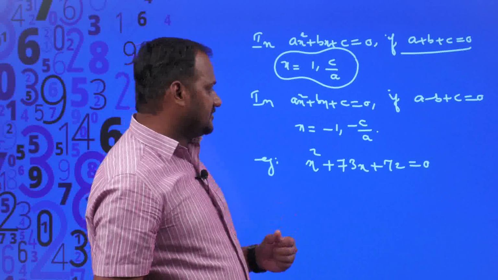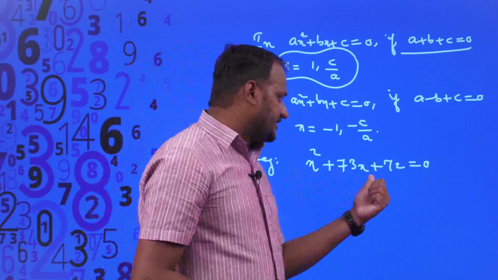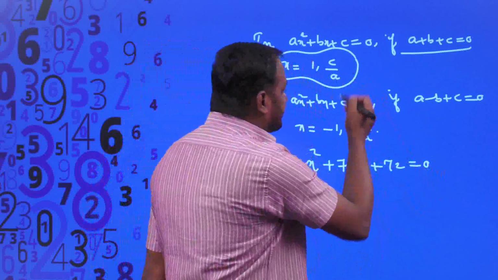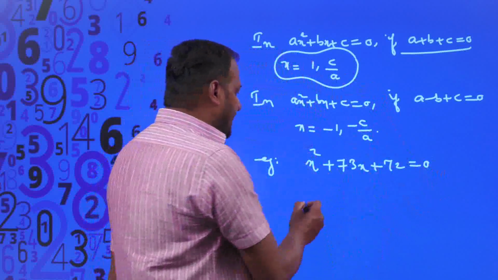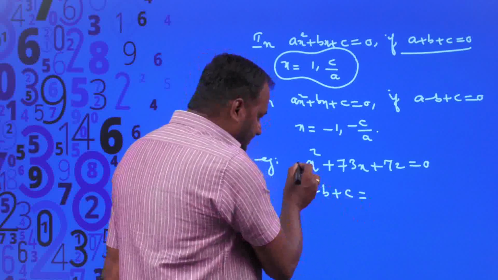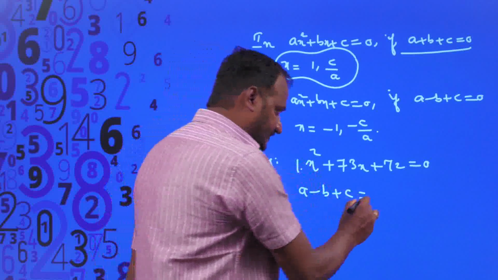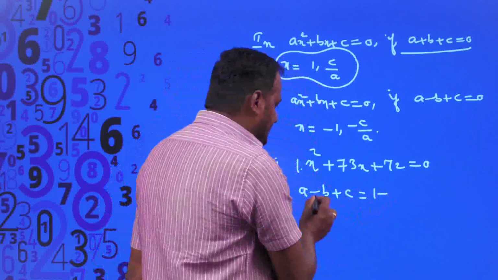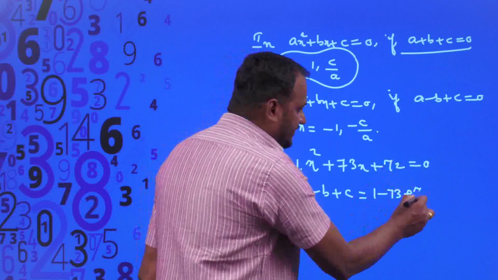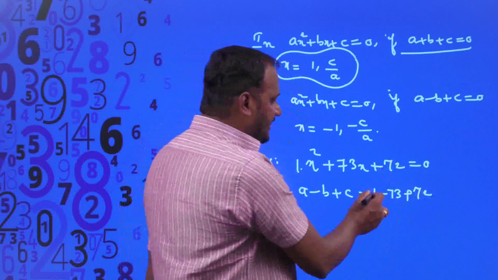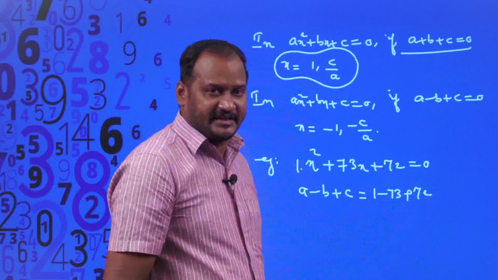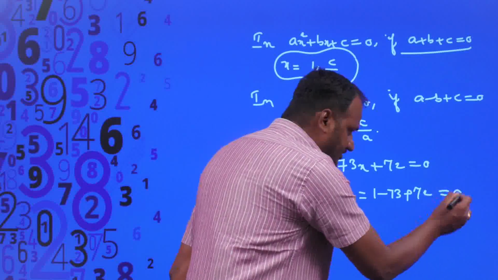If you observe it and compare it with the standard form ax square plus bx plus c is equal to 0, and then find a minus b plus c: here a is the coefficient of x square, that is 1, b is equal to 73, and c is equal to 72. So when you add up 1 minus 73 plus 72, 1 plus 72 is equal to 73, minus 73 is going to be 0.